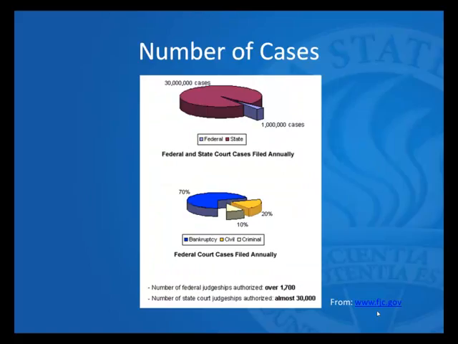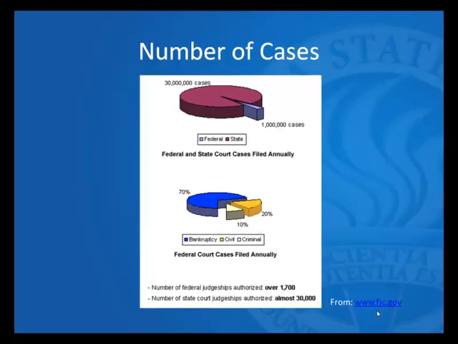It's interesting to see the number of cases in the United States. Totally, and this number is like 10 years old, but it probably hasn't changed dramatically, there were roughly 30 million legal cases, which is astounding considering that that's roughly 1 for every 10 Americans. Of those 30 million cases, the vast majority of them are state cases.